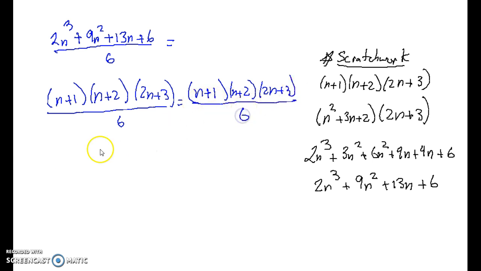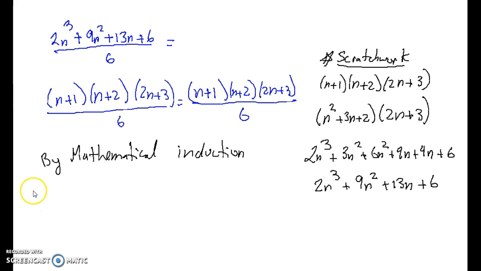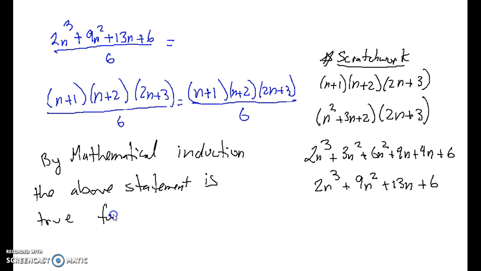So since this is equal, we get to say, by mathematical induction, the above statement is true for all natural numbers. Right? So it'd be true for 1, 2, 10, a million.